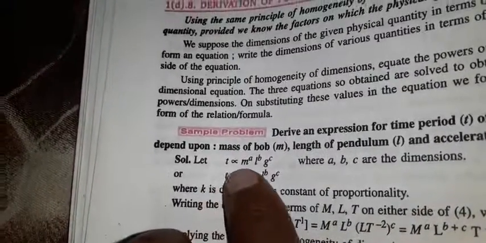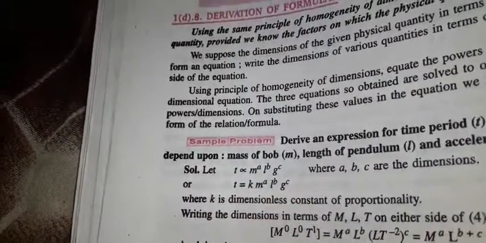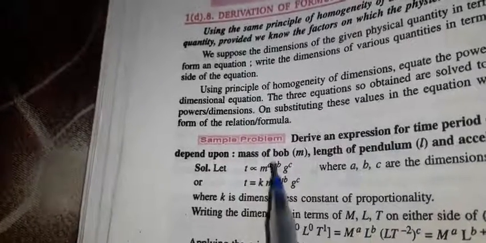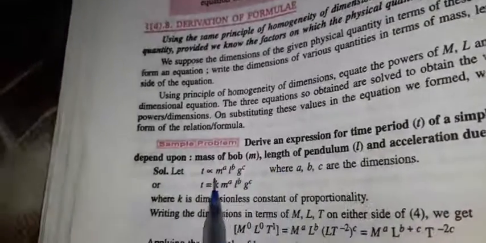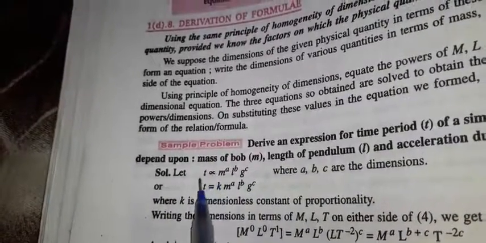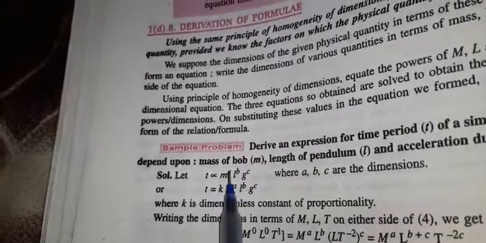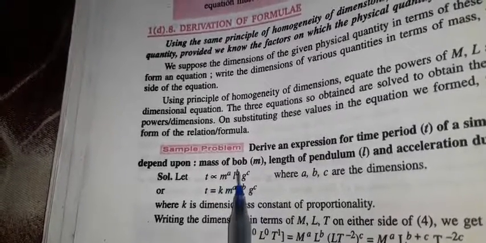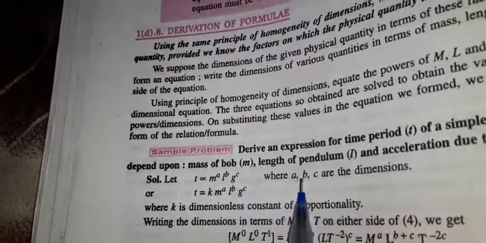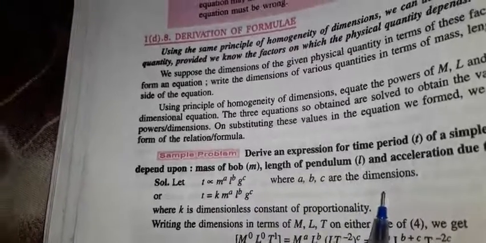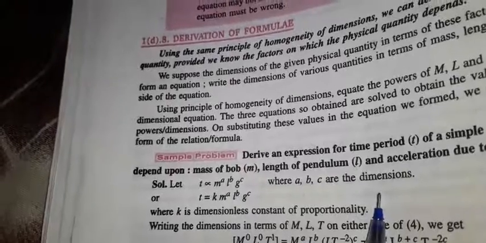First, let T be directly proportional to what factors? The first one is mass, second length, and third acceleration due to gravity. So I write here T is directly proportional to m^a l^b g^c, where a, b, c are the powers.